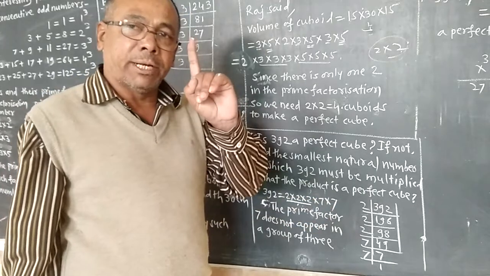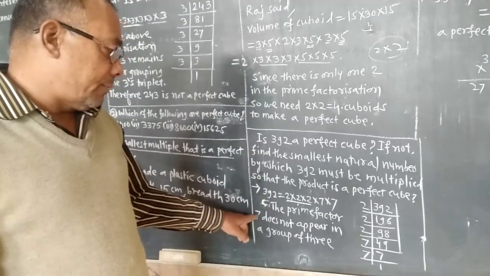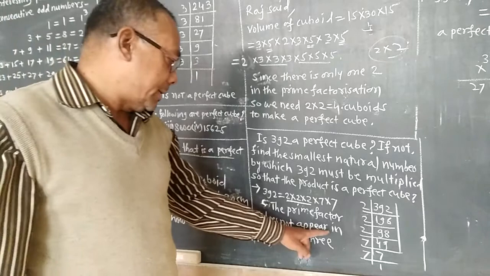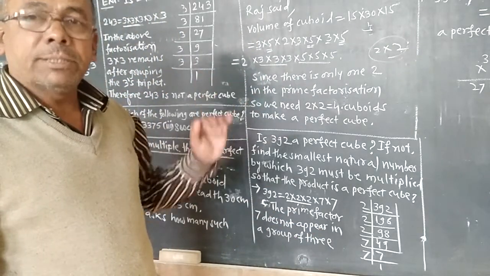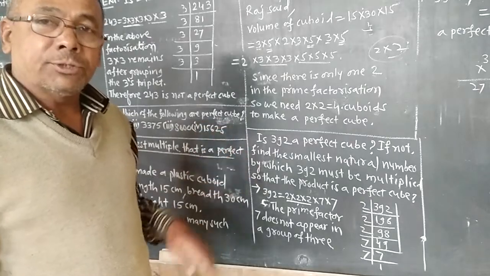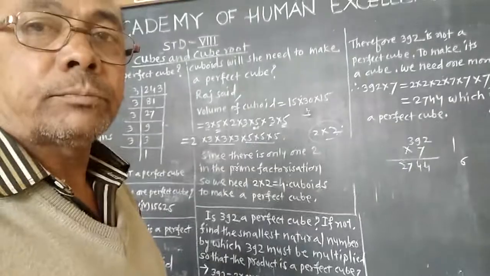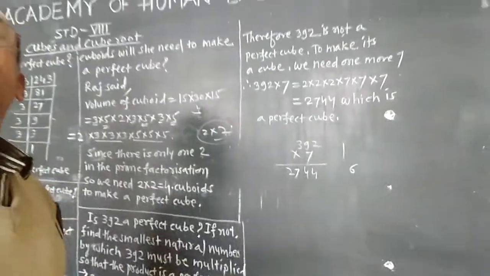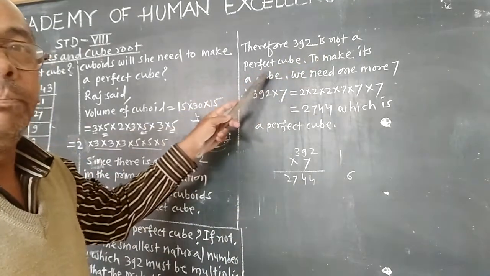There is one more 7 required. Means the prime factor 7 does not appear in a group of 3, and therefore 392 is not a perfect cube.